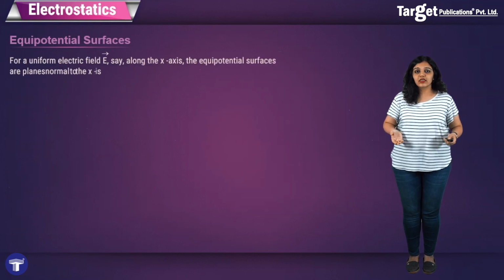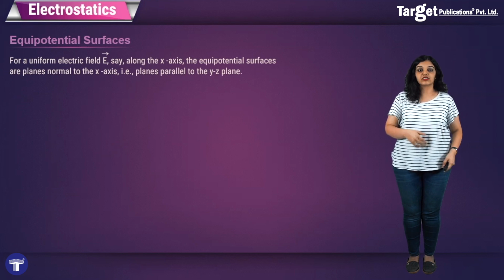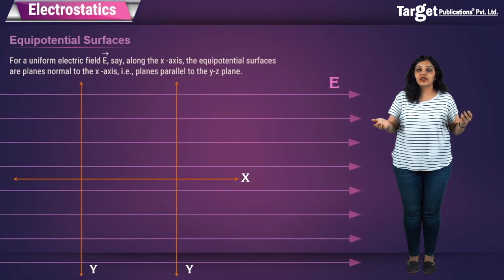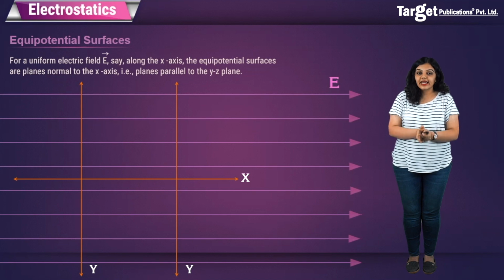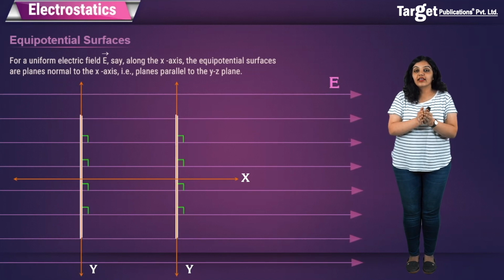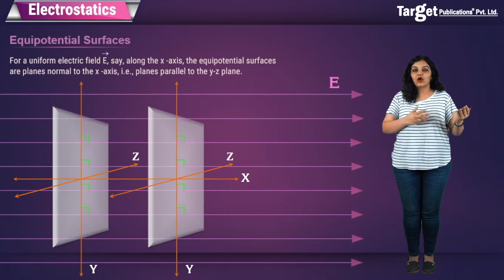Let's just quickly take a look at what the equipotential surface looks like for some other charge configurations. If you have a uniform electric field, let's say a uniform electric field along the x-axis, in such a case the equipotential surfaces are planes which are normal to the x-axis. These planes are, again, because they are equipotential, normal to the field, and they lie along the yz plane, and therefore they are normal to the x-axis.